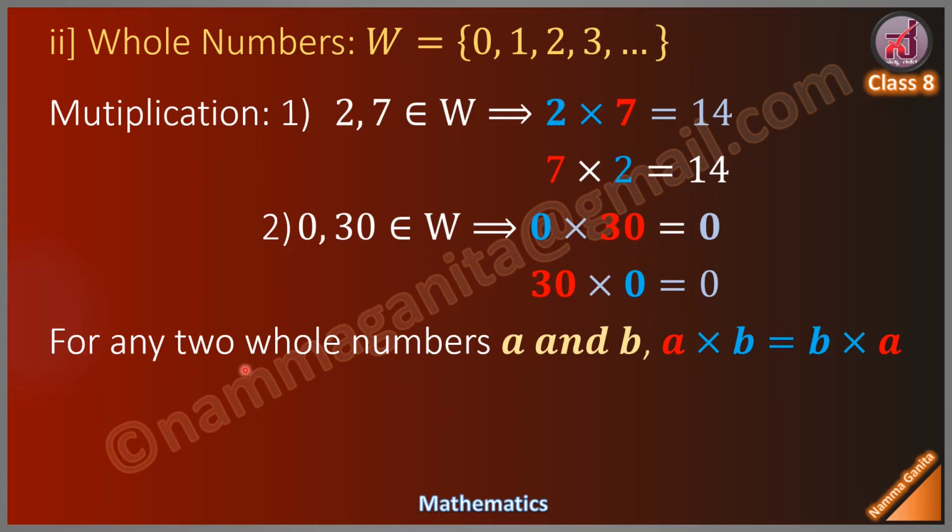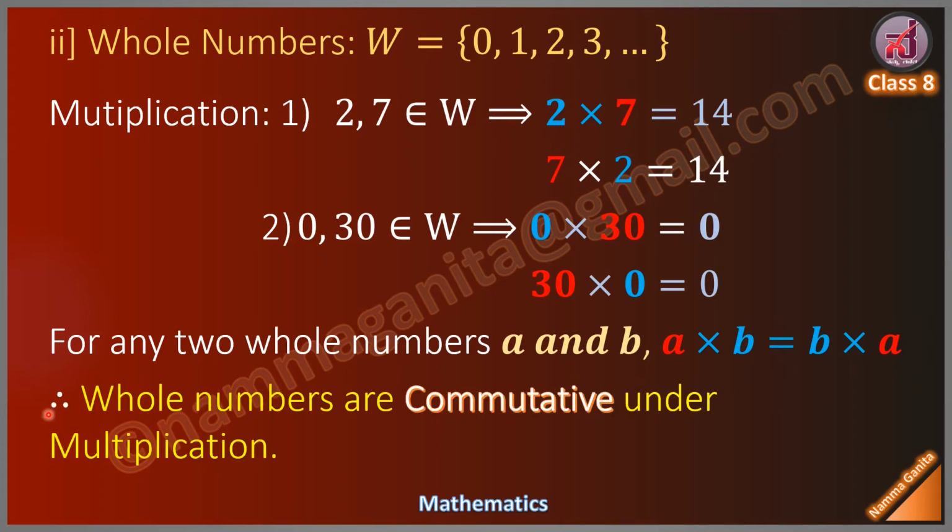For any two whole numbers A and B, A into B is same as B into A. Therefore, whole numbers are commutative under multiplication.